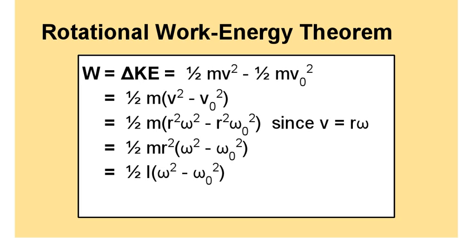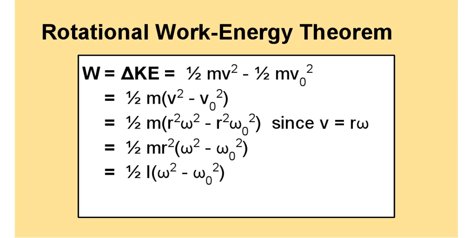Next up, we've got the work energy theorem. We saw that back in the energy and work stuff. There's the form that we know and love right there. The change in kinetic energy means that there's a change in kinetic energy, and that's equal to the amount of work that it takes to change that kinetic energy.